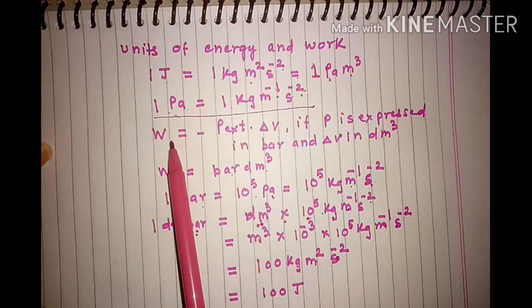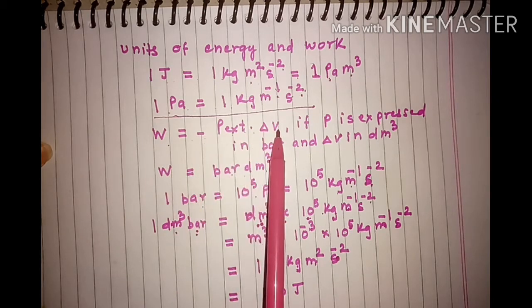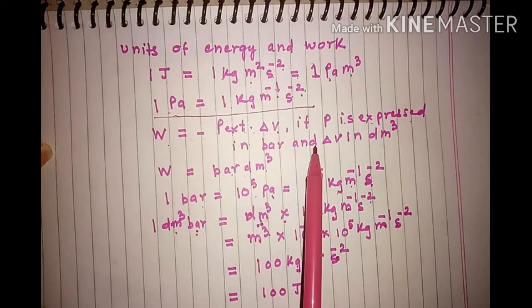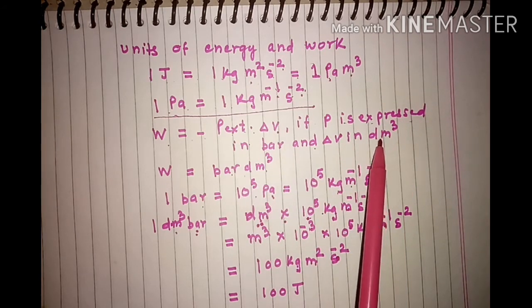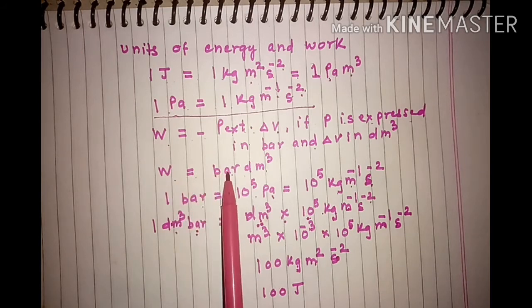Now as you all know, W is equal to minus P external into delta V. So if P is expressed in bar and delta V in dm cube, the unit for this work done will be W equals bar dm cube, or dm cube bar.